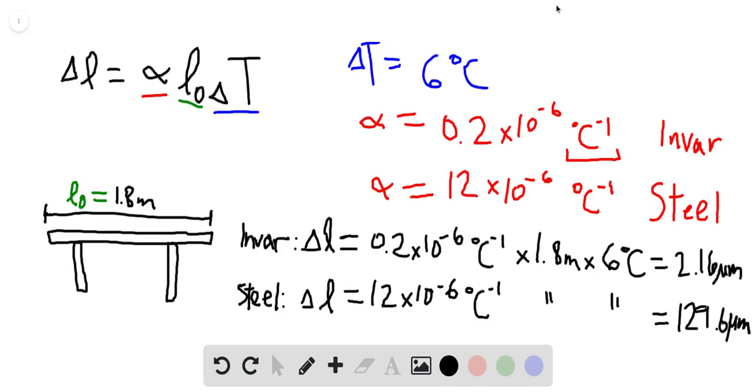And in fact, if we do the ratio between 2.16 and 129.6, what we find is that this is close to 1/60.